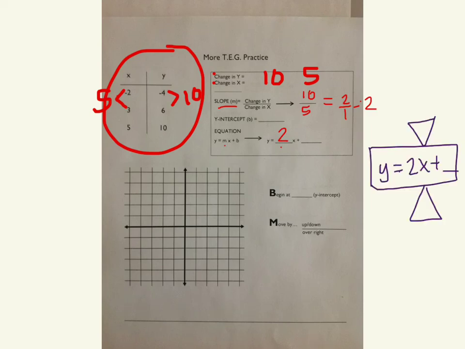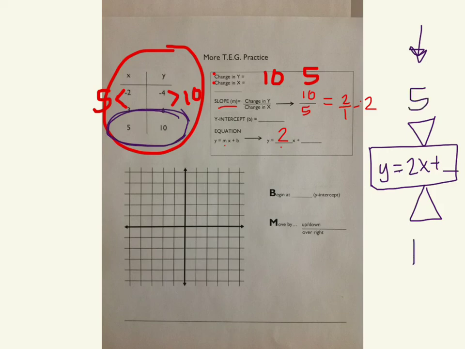Now I need to find my y-intercept. I remember that my y-intercept is the y value when x is 0, and in our table, you'll see that we do not have an x value of 0. So I'm going to, over here, use my function machine method. So far, my equation is y equals 2x. Now we have to figure out what we need to add to that in order to satisfy one of our points in the table. Let's use the point 5 and 10.